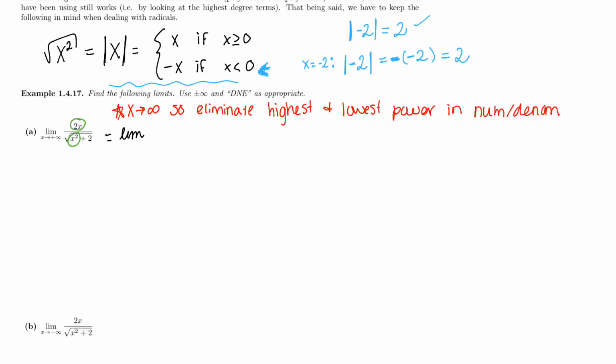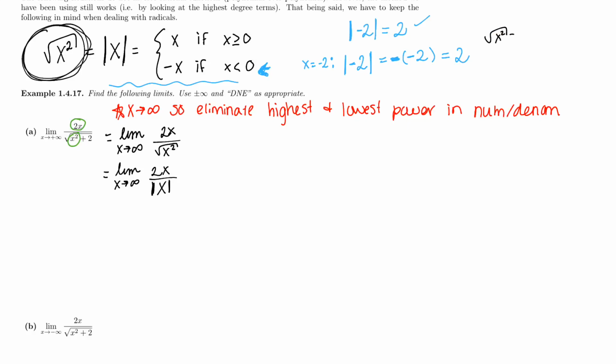I am still going to positive infinity. I have a 2x on top. The square root on the bottom needs to stay, so I have the square root of x squared, which is this thing up here. So technically, this is the limit as x goes to infinity of 2x over the absolute value of x, because we just said the square root of x squared is the absolute value of x.